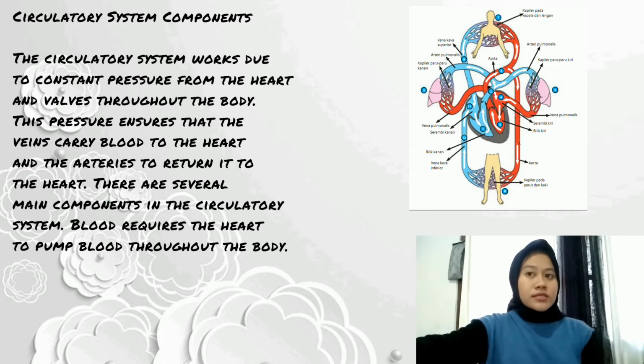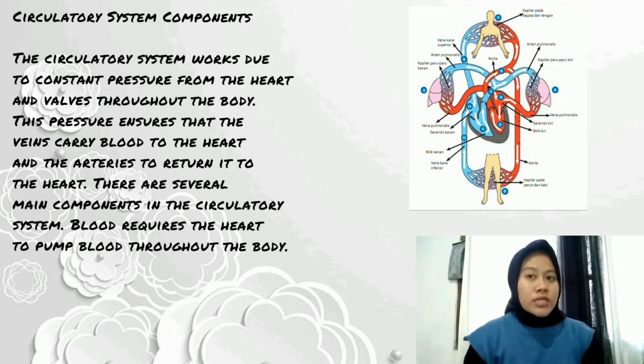Okay, the next is circulatory system components. The circulatory system works due to constant pressure from the heart and valves throughout the body. This pressure ensures that the veins carry blood to the heart and the arteries carry it away from the heart. There are several main components in the circulatory system.